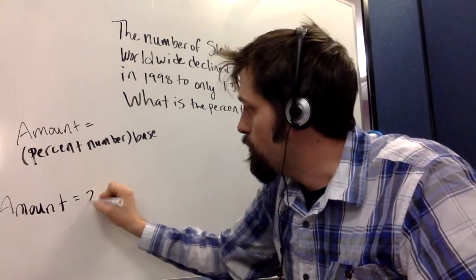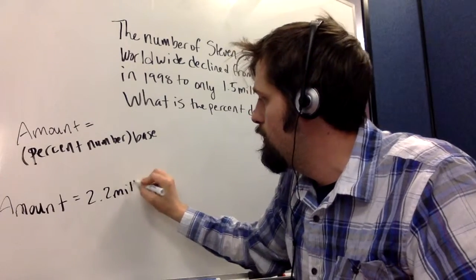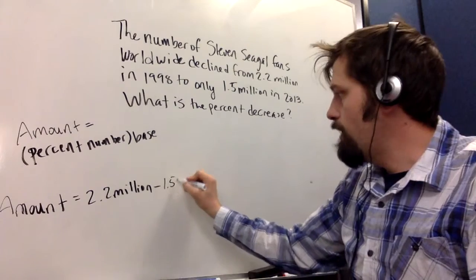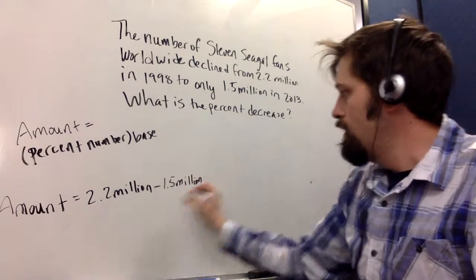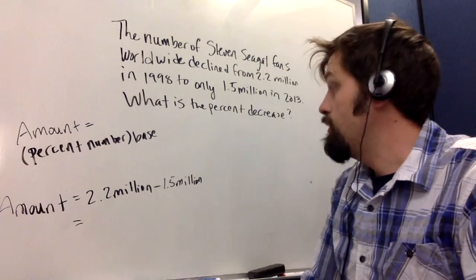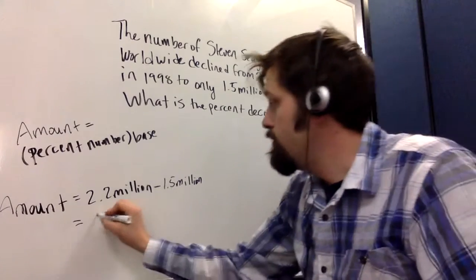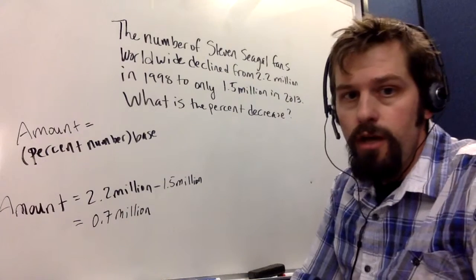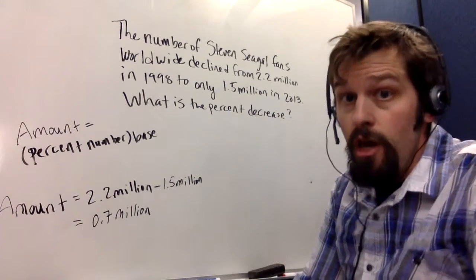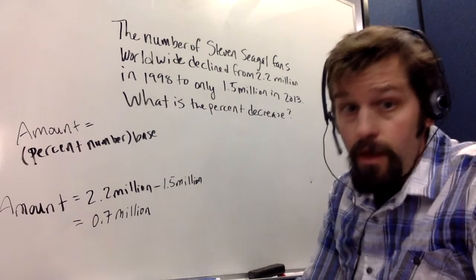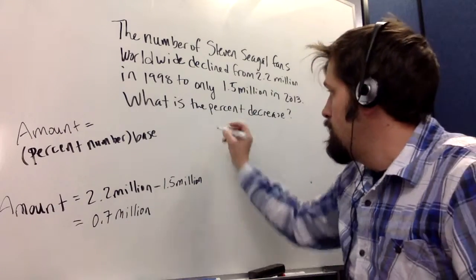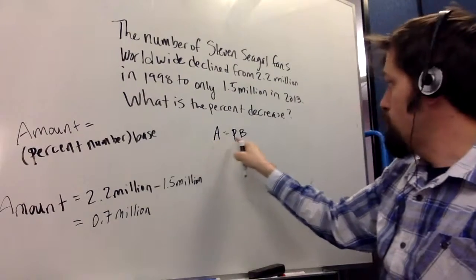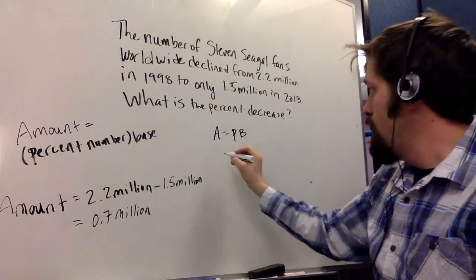Amount equals 2.2 million minus 1.5 million equals 0.7 million. That's the amount. It's the distance between where we started and where we ended. So that's our amount. A equals PB, amount equals percent number times base.